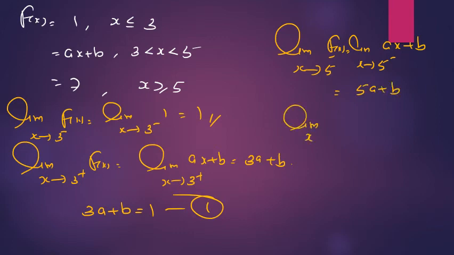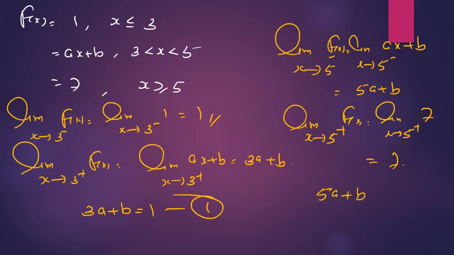Now limit x tends to 5 plus f of x is 7. So what can we say? Both are equal. So 5a plus b is equal to 7. That is equation number 2. Solve first and second, then you will get the answer of a and b.